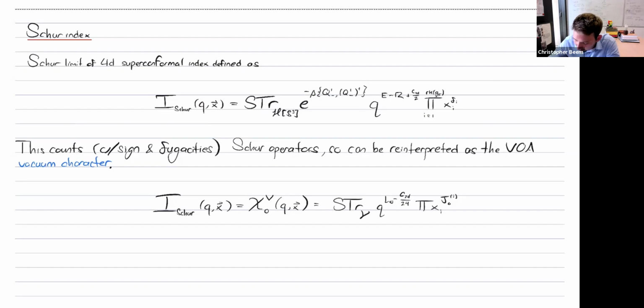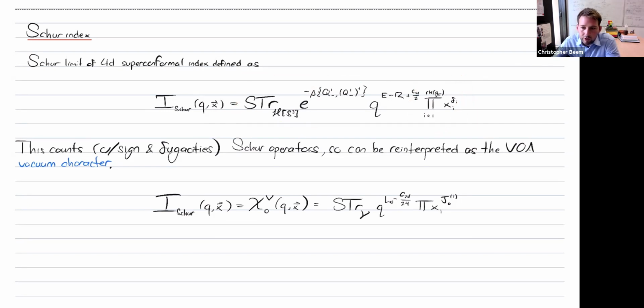And other than that, you count local operators with powers of q to the E minus R, along with x's indicating charges under global symmetries. And in this limit, when you write your supertrace this way, you get something which ultimately only counts the Schur operators. All the other operators cancel out.